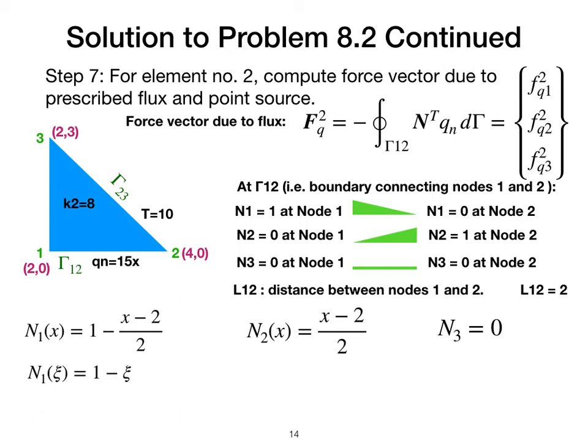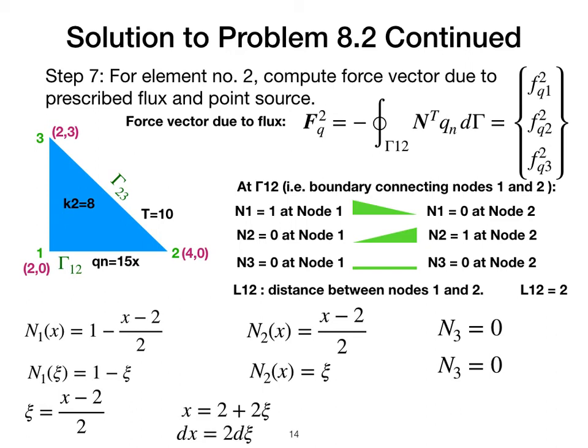Conveniently, we can also do some transformation. Let's say xi is equal to (x minus 2) over 2, then n1 can be given by n1 equal to 1 minus xi and n2 equal to xi and n3 remains 0, where xi equal to (x minus 2) over 2 and therefore x equal to 2 plus 2 xi and hence dx equal to 2 d xi.